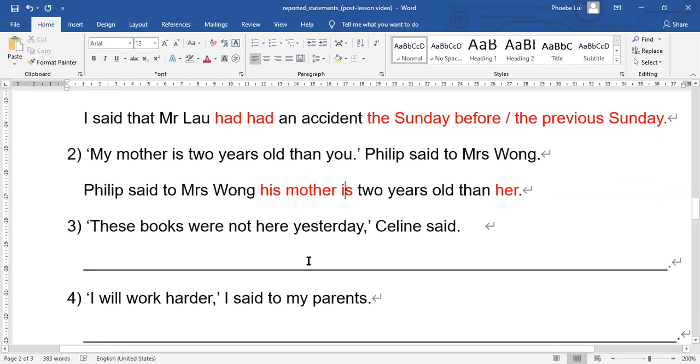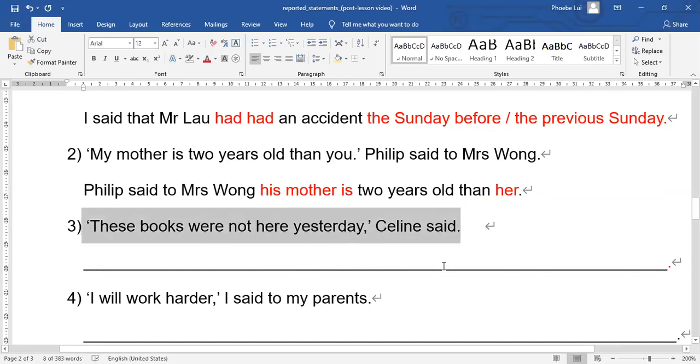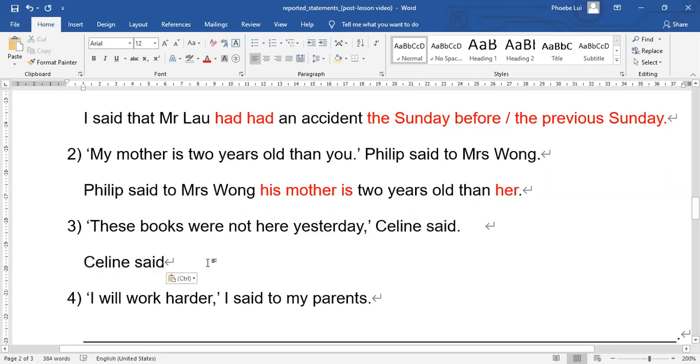And then for question 3, these books were not here yesterday, Celine said. So you just copy Celine. You better put that, or sometimes you can omit it.